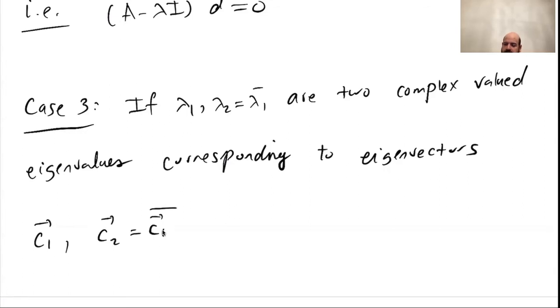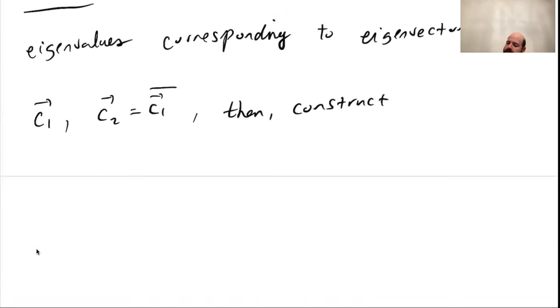So how can I construct the two linearly independent solutions in this case, corresponding to eigenvectors C1 and C1 bar? We just need to focus on lambda 1 and C1. So construct C1 e to power lambda 1 t.